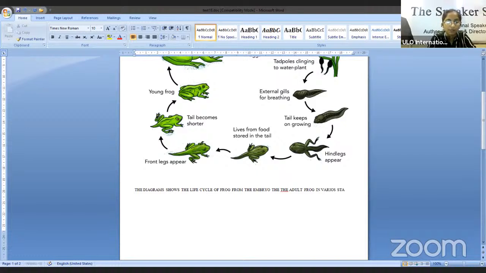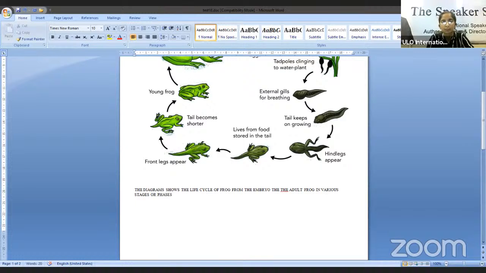Stages or phases, we can write. Various stages, or phases. You can also write stages, you can also write phases.